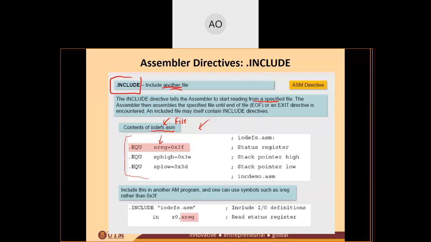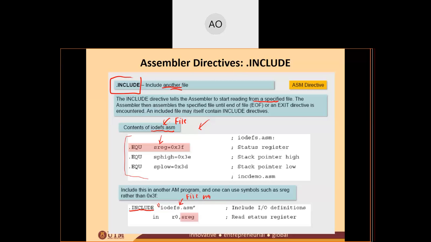So what you're going to do is just include that file in your program by using .include, and then the symbol for iodef.asm, which is your file name.